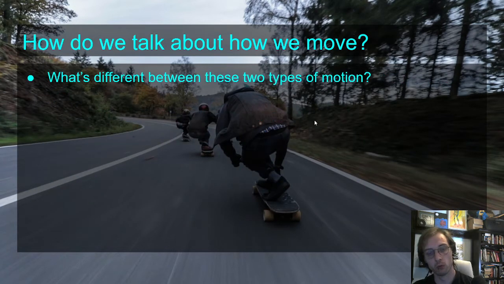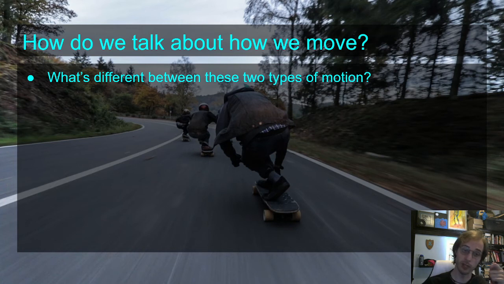So the next way that we can talk about objects in motion is by describing what they're currently doing. I can't easily demonstrate it, but if I have one hand that's moving like this and a second hand that's moving like this, there are two really big differences between what those two hands were doing.